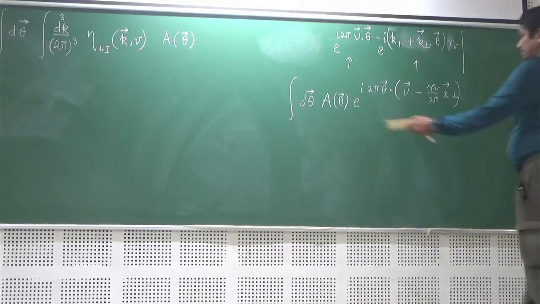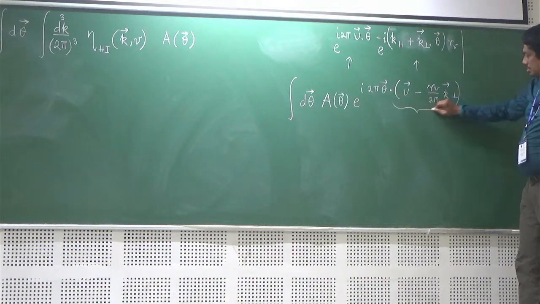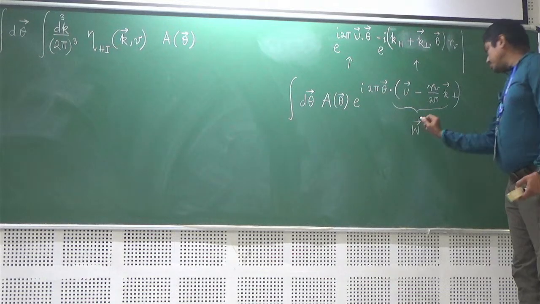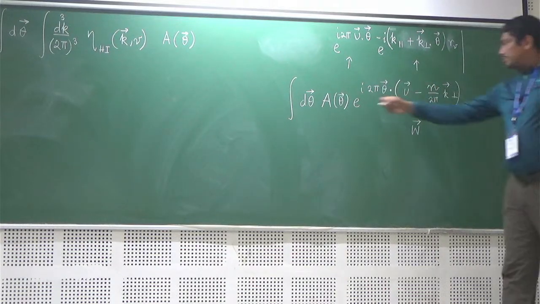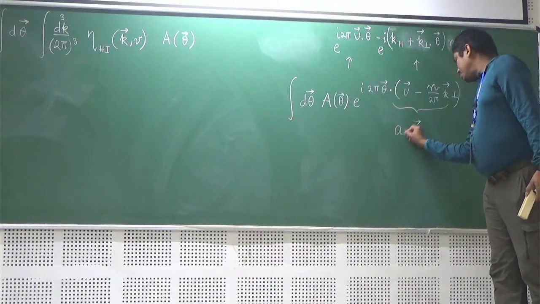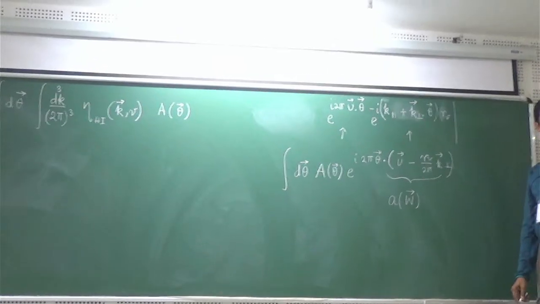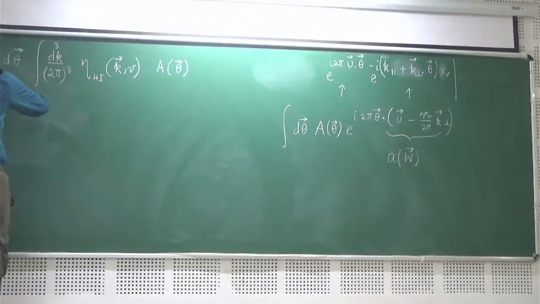What is this entire thing? You see that if I choose this entire thing as W, then this is just the Fourier transform of A written in terms of W, which is like this.